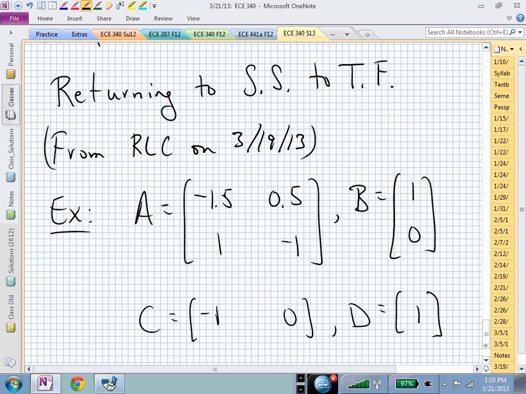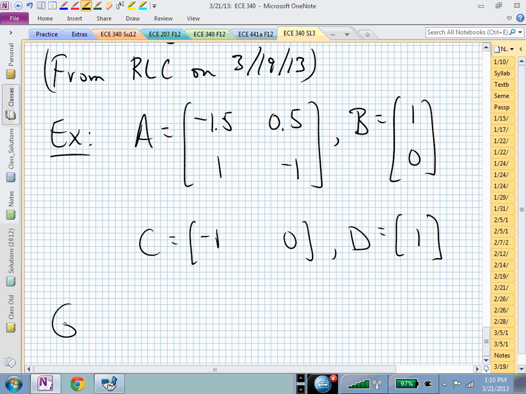Do you remember what the expression was to find the transfer function G of s in terms of the state space matrices? Do you remember what that formula was? You could write this down on your sheet of notes.